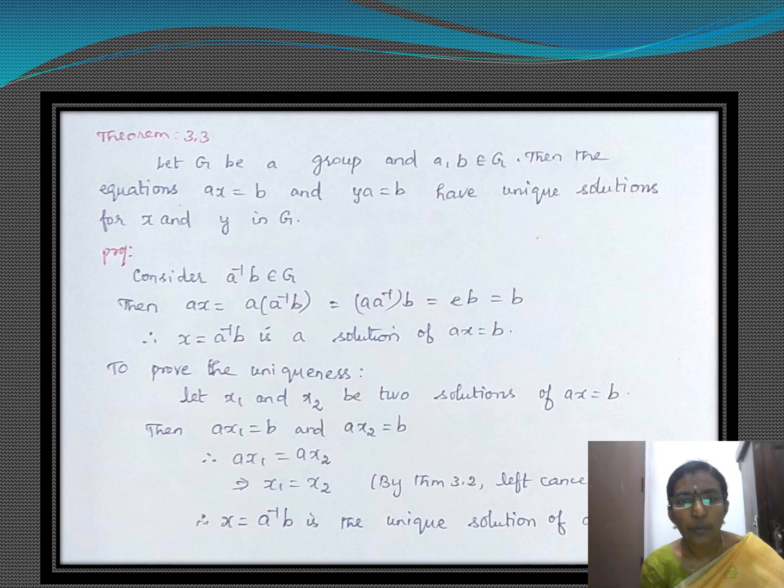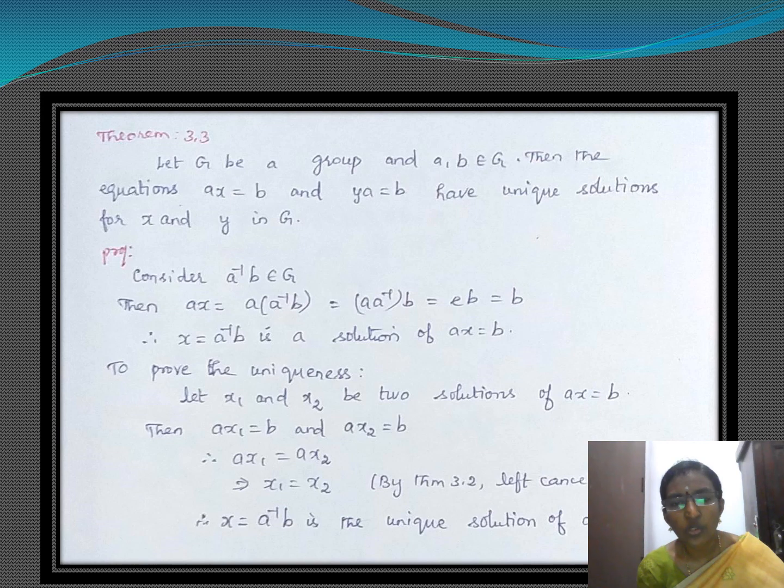Next property, theorem 3.3. Let G be a group and A, B belong to G. Then the equations Ax equal to B and Ya equal to B have unique solutions for x and y in G. To prove this theorem, we consider an element A inverse B belongs to G. Then, from the given equation Ax equal to B, we take the left hand side Ax equal to A into A inverse B equal to A A inverse into B equal to EB equal to B. That is, in the equation Ax equal to B, we substitute for x A inverse B, which satisfies the given equation.